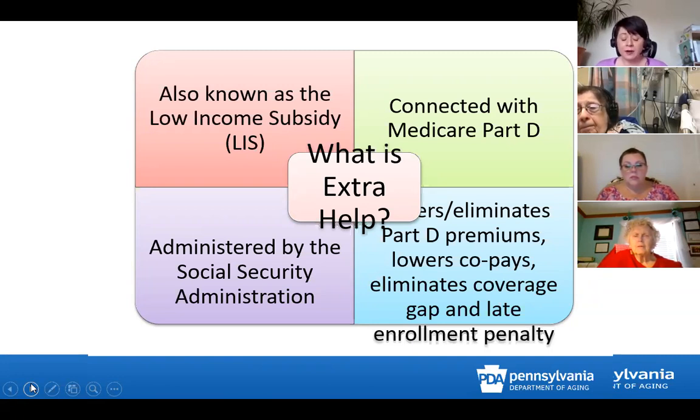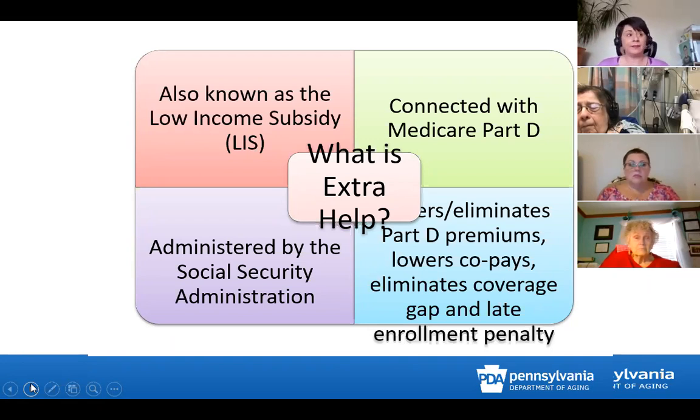Now, Medicare beneficiaries already receiving Medicaid benefits will automatically get extra help. They're kind of tied together. So if I get Medicaid, extra help just comes along with that. If I do not have Medicaid benefits, then I would need to apply for this program through Social Security.